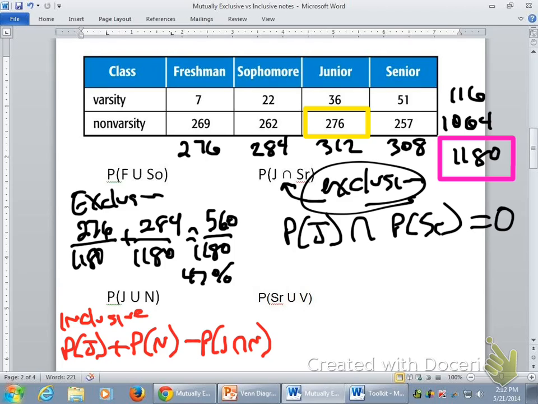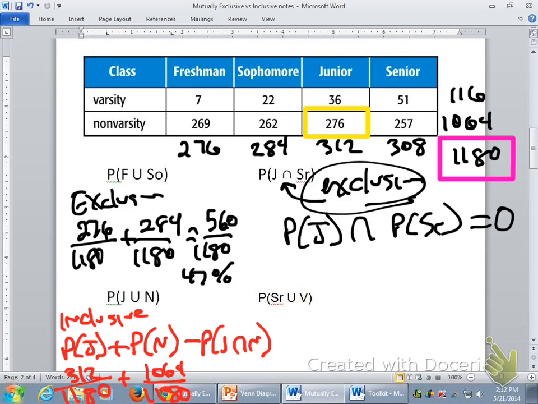Now the numbers, you guys are probably better with the numbers. How many juniors were there? Okay, so I've got 312 out of 1180, right? And then how many non-varsities were there? 1,064 out of 1180.